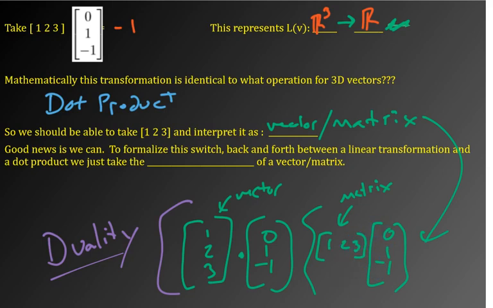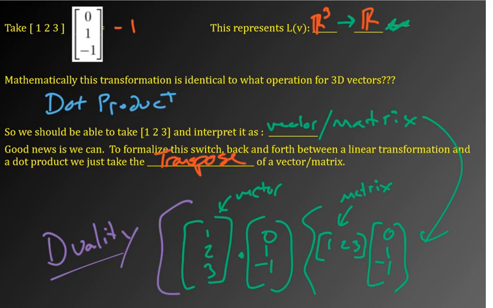And since these 2 things can flip-flop back and forth, like we can interpret 1, 2, 3 as a vector or a matrix, matrix being written that way, vector being written that way, there's actually a formal matrix operation that lets me do that switch back and forth. And it's something called the transpose of a vector or a matrix.